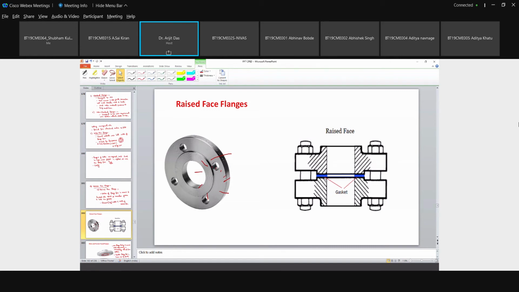You see here one pair of flanges is attached by the bolt. This surface is raised for both the flanges, and this is the hole for fluid passing or for connecting the pipes. And the blue color you have seen is nothing but the gasket for leakage proofing. So this is the raised face flange.